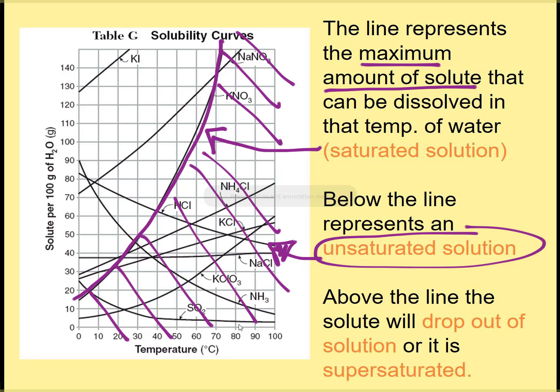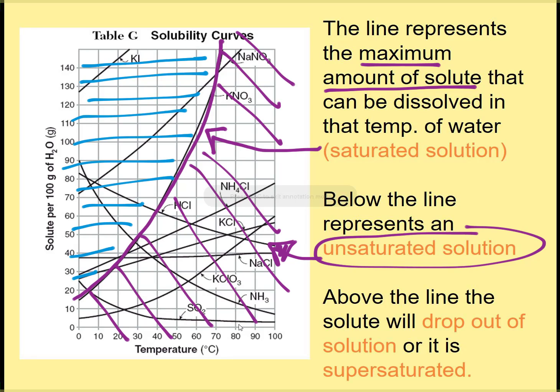Above the line, one of two things can happen. If you can keep it stable enough, you can have what's called supersaturated. But another thing that can happen is it can drop out of solution. So in other words, if I heat something up and then I cool it down, you might get solid appear once you cross this saturated solution line.